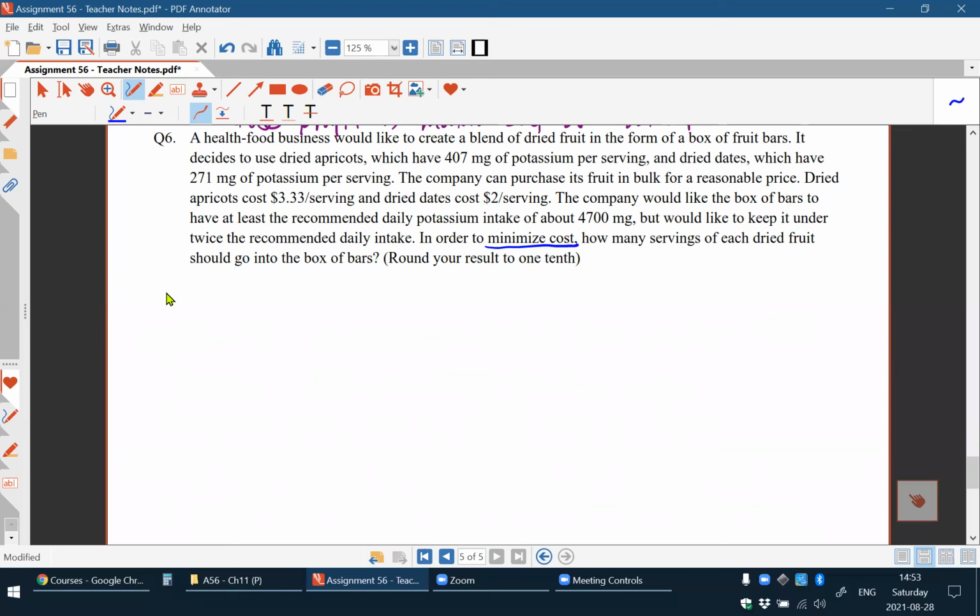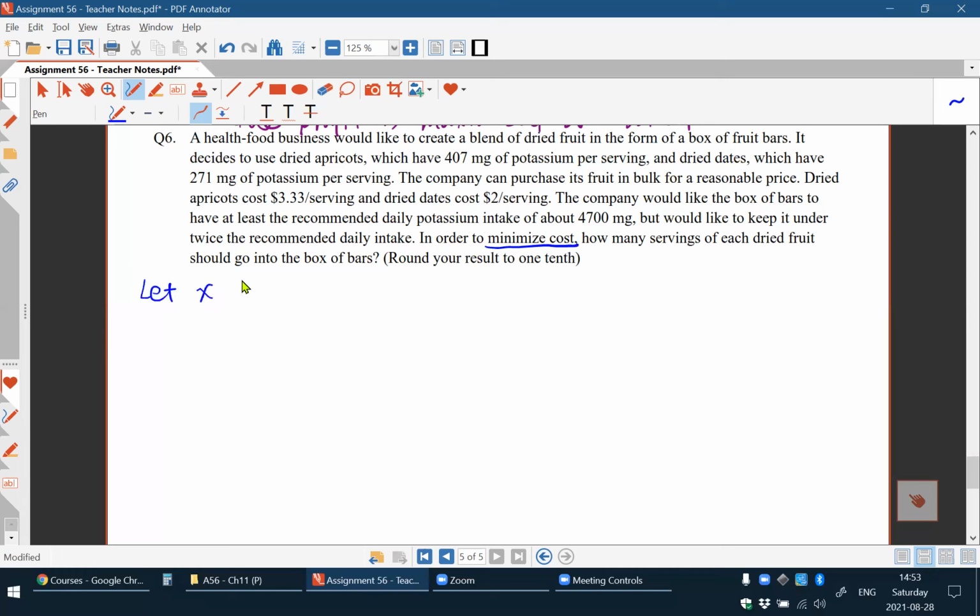So again, we use two letters to denote necessary variables. First one should be the number of servings of dried apricots, second is the number of servings of dried dates. We need to determine these two variables.